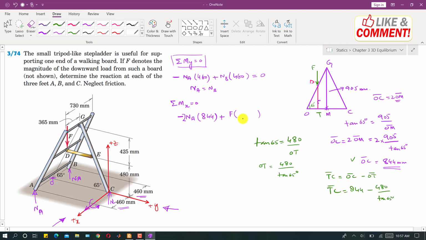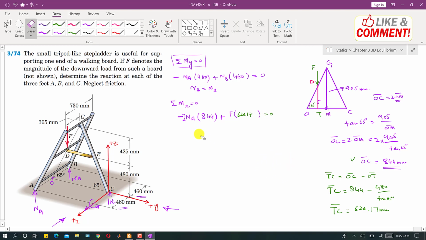This will give us the perpendicular distance of this force from the x-axis. Let me find this TC. It comes out to be 620.17 mm. This means the perpendicular distance of this force from the x-axis is 620.17, and this will be equal to 0. Now we can find the NA reaction.